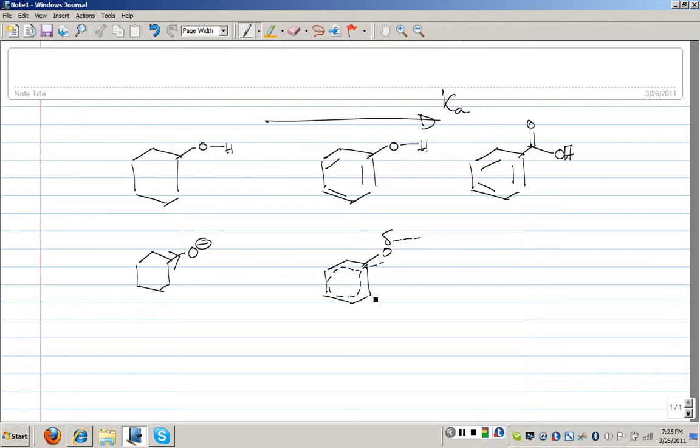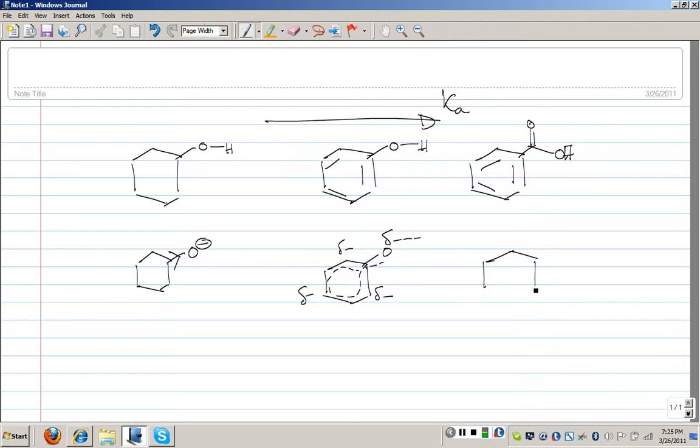Most of the negative charge was borne by the oxygen, but the ortho and para carbons also bore some of the brunt of the electron density. But most of it was still on the oxygen.